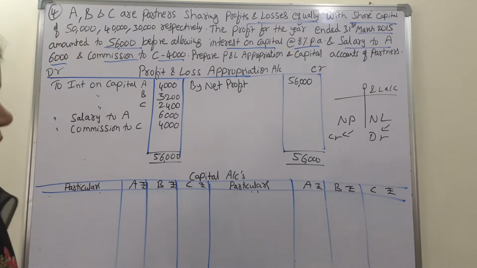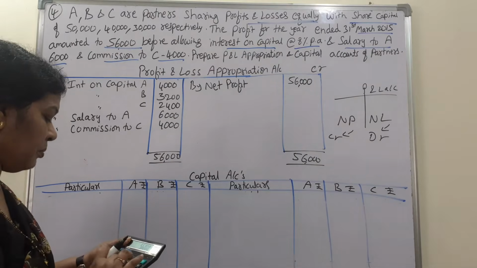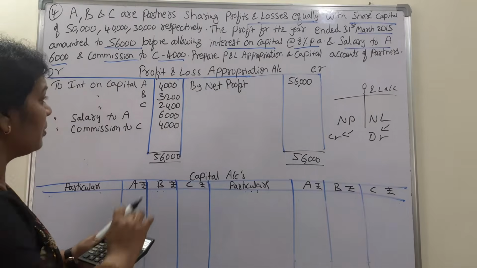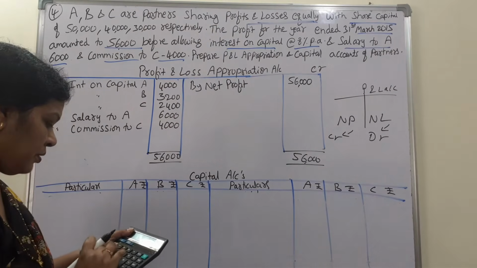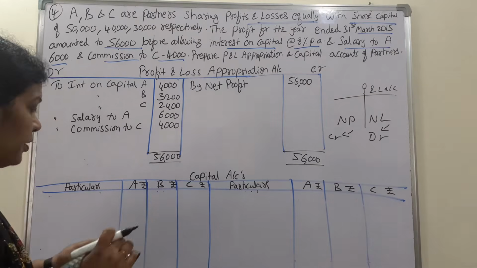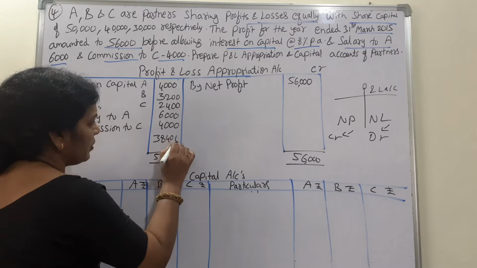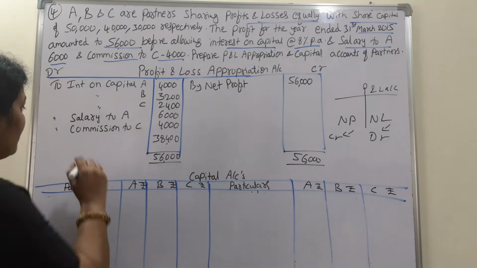How much profit are we going to get? We'll just calculate it. 56,000 minus 7,200 minus 10,400 gives 38,400. So this is to be shared equally.